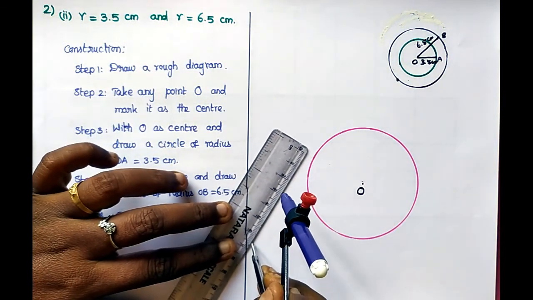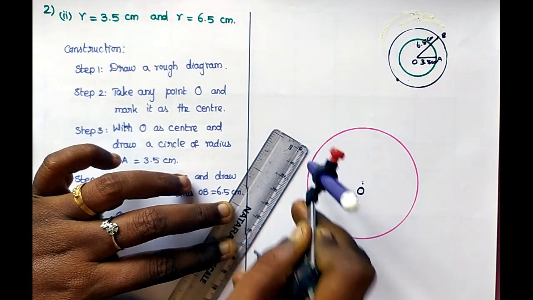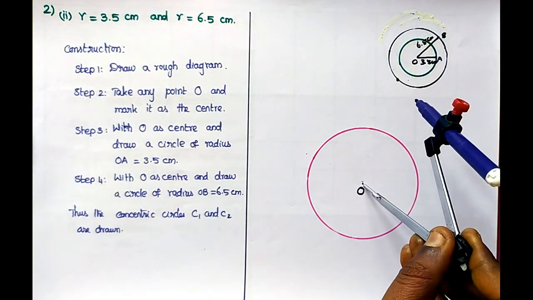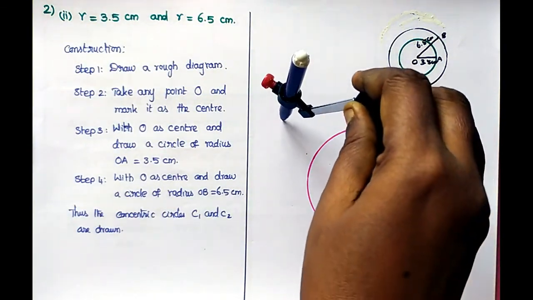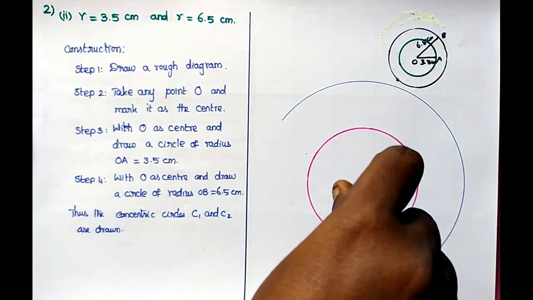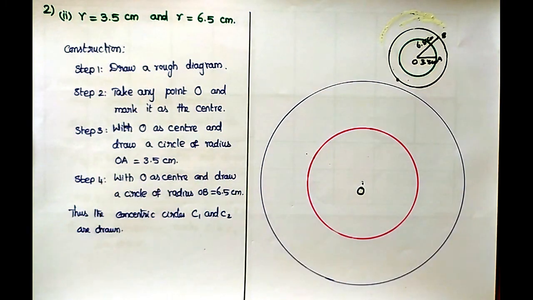So now measure 6.5 centimeter. With O as center, draw a circle, radius 6.5.